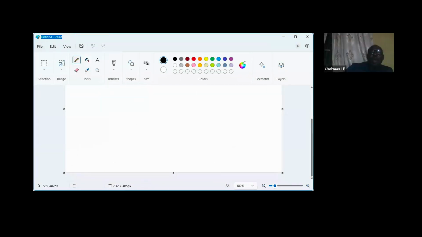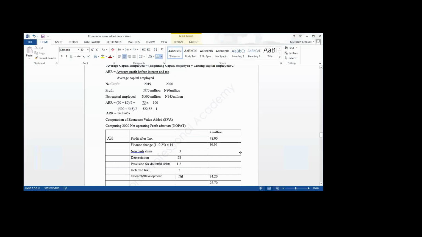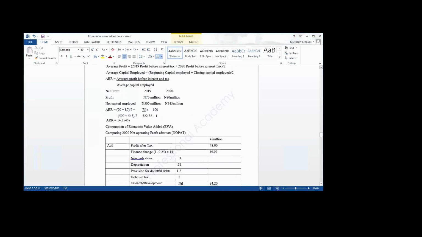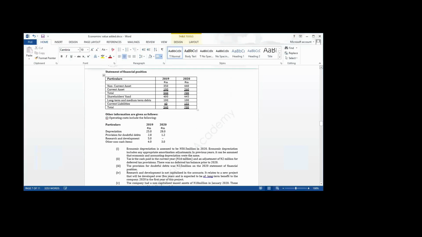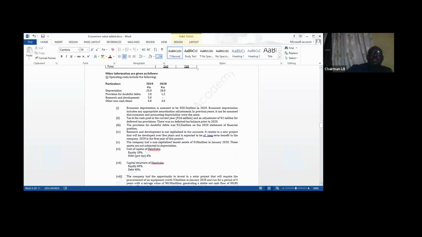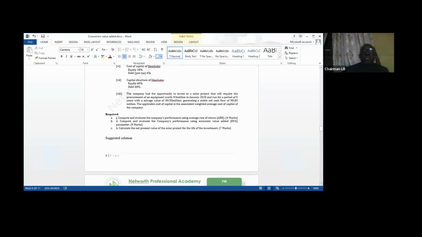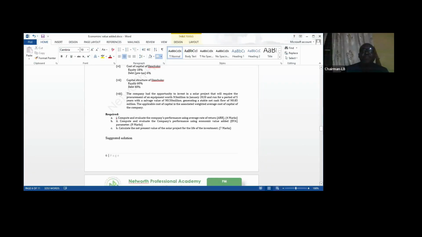Now look at requirement B. Requirement B says compute and evaluate the company's performance using economic value added.